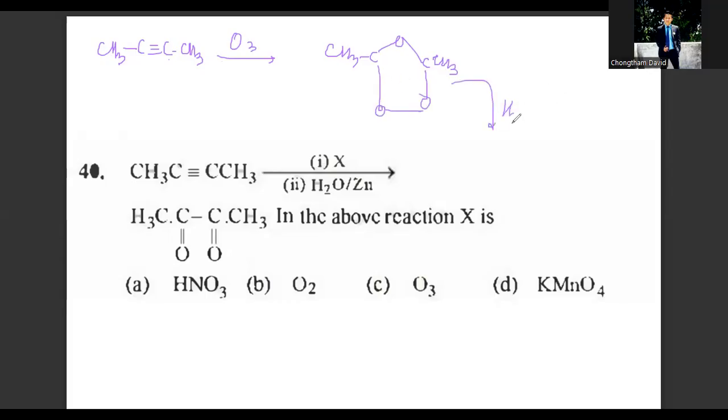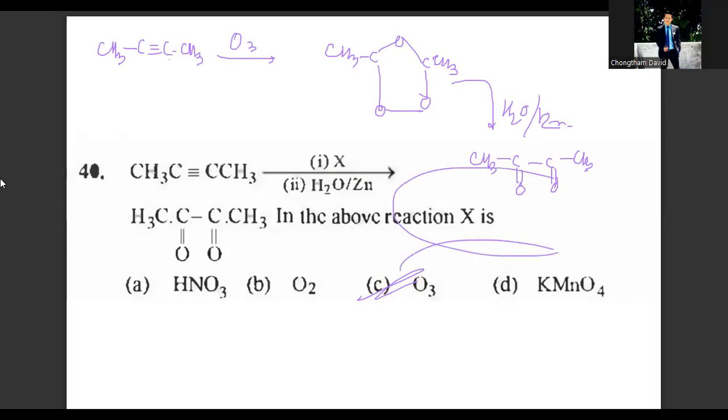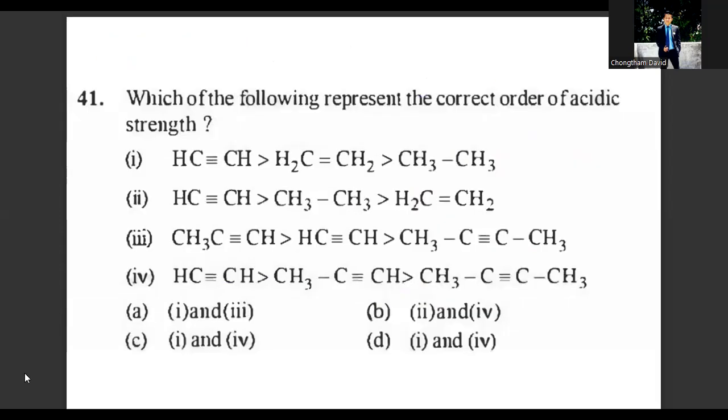And after reacting with zinc and water, zinc hydrolysis takes place and it will form a diketone and a zinc oxide. Now in the above reaction, you have to sort out what is X. It is ozone. Okay, you're not asked to find the product. Simple question. Let's move on to question number 41.